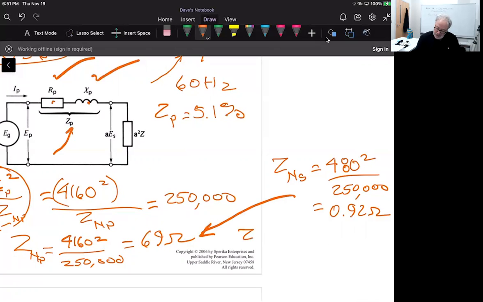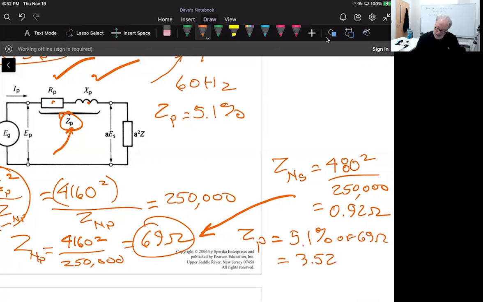So Z sub P, in reference to the primary side, is going to be 5.1% of the 69 ohms, and we will find that that will be 3.52. So just a little simple example of that.